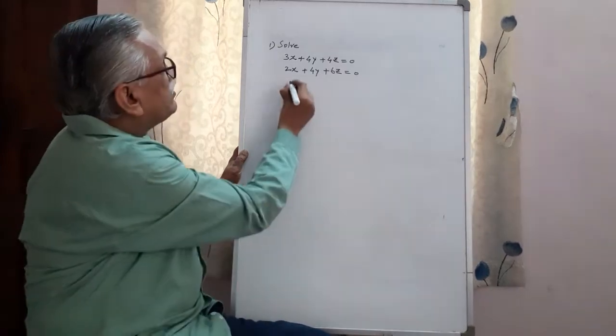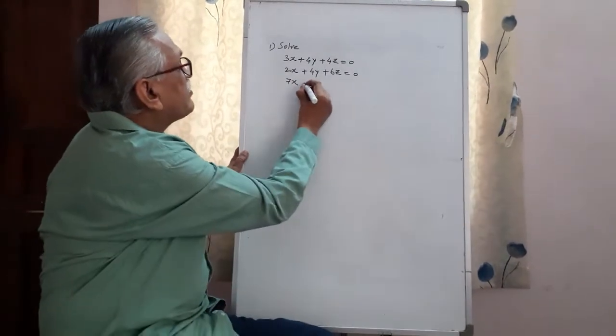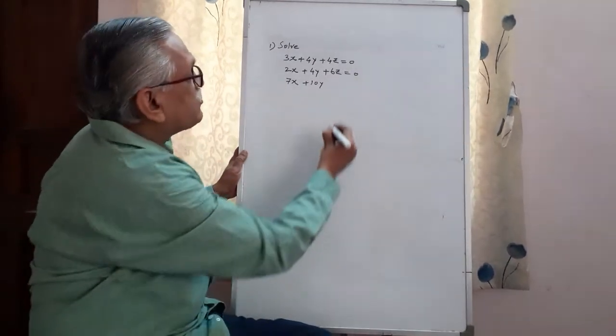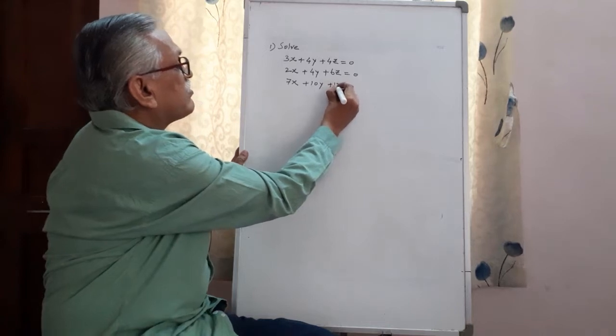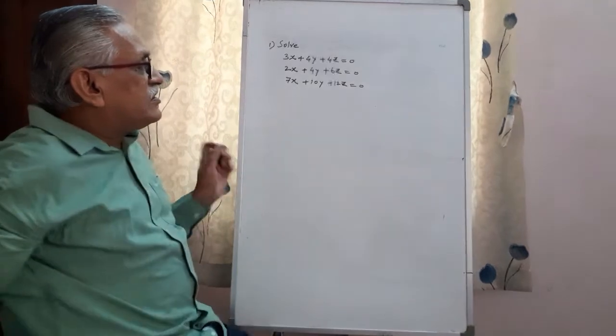And the third equation is 7x plus 10y plus 12z is equal to 0.